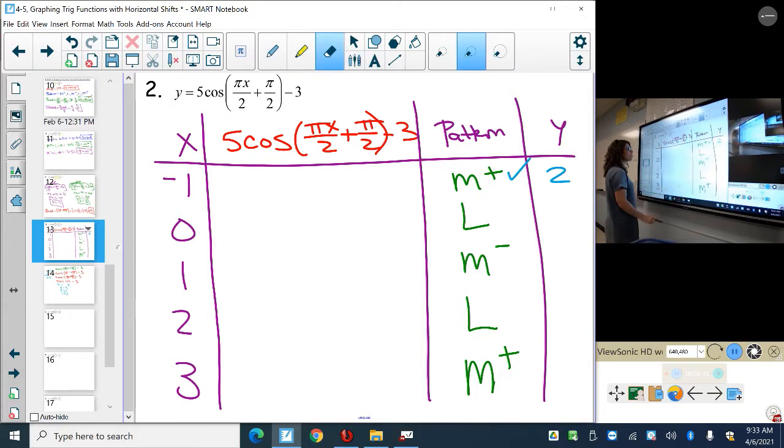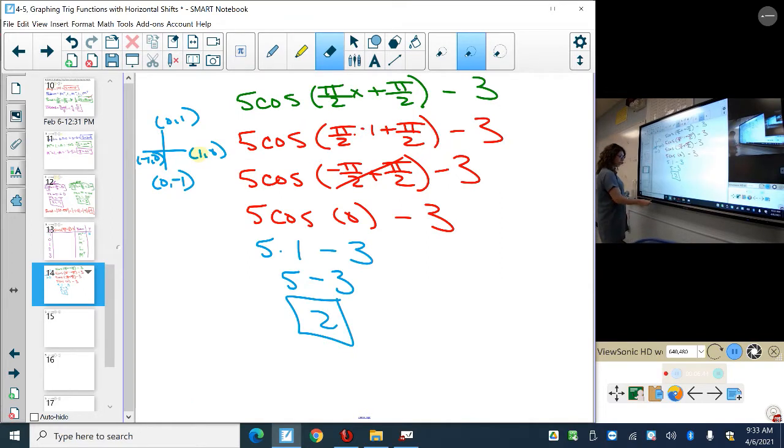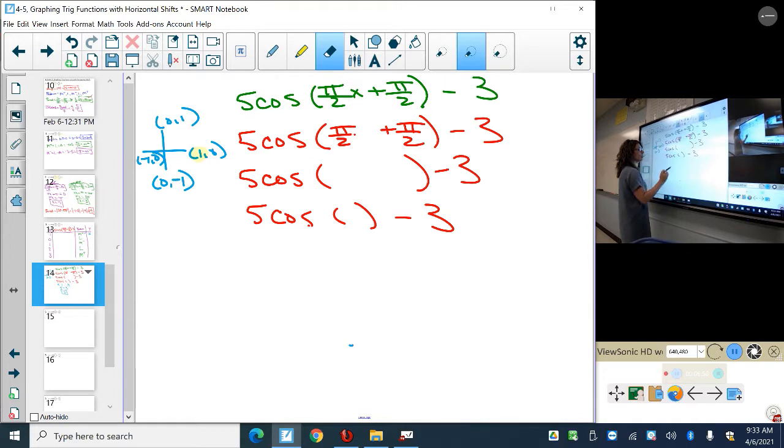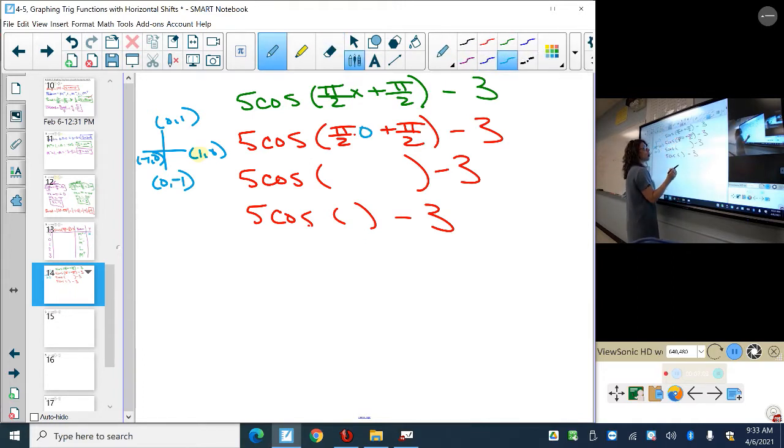Okay? So now we're going to do that whole process again. So if we do that whole process again, this time I am plugging in 0. So pi over 2 times 0 is going to be 0. So this is just going to give me pi over 2.